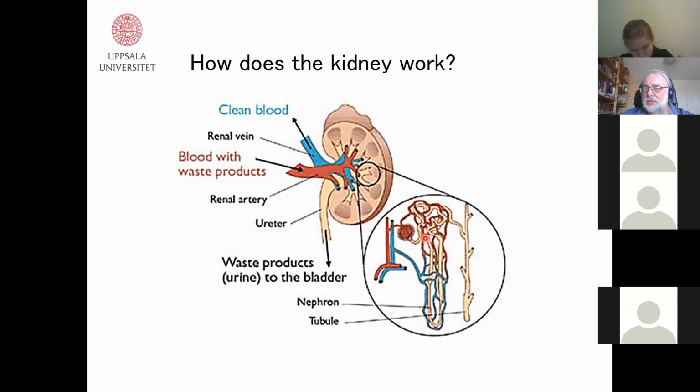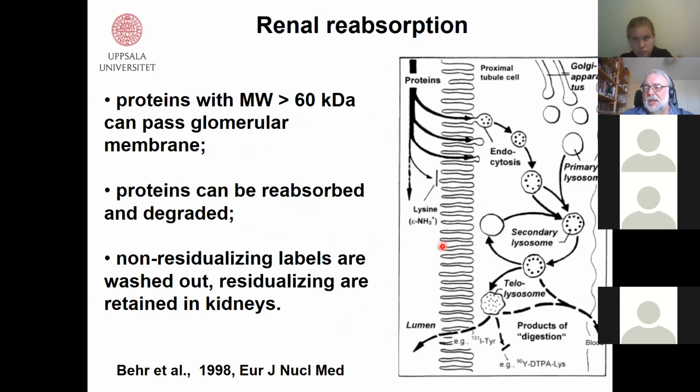It's too wasteful to let it go to urine, so there is machinery inside the kidney which takes care of proteins. On the so-called brush border surface there are several classes of receptors, megalin, cubilin, and some others, which take up proteins and peptides from primary urine and transfer them to endosomes and lysosomes, where they are degraded.